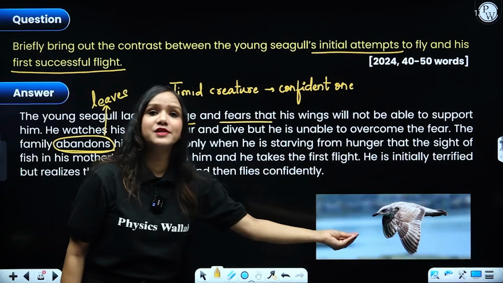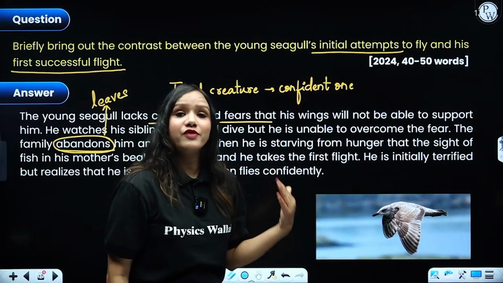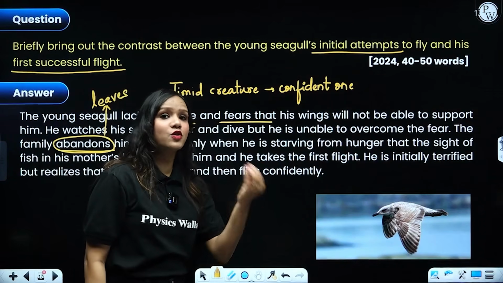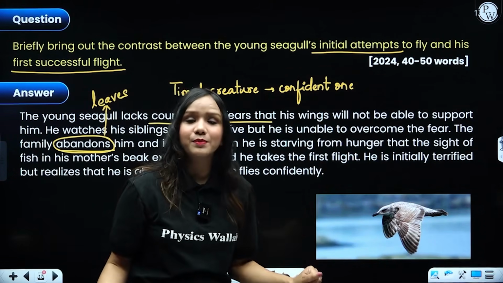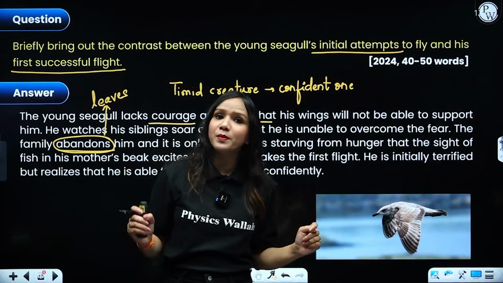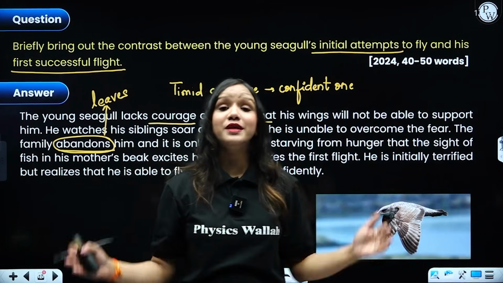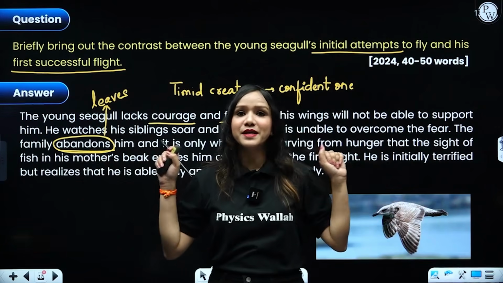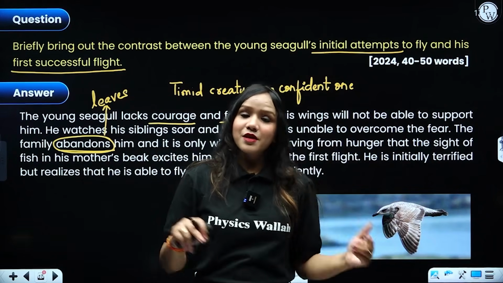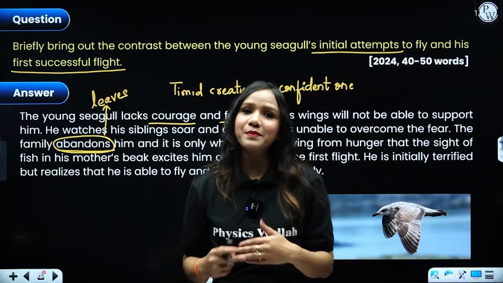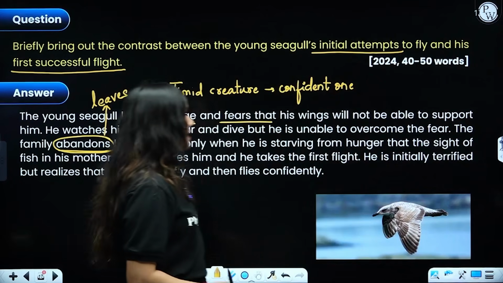He was initially terrified. I just told you this thing. When he came closer to his mother, when he caught that piece of fish, he was terrified. But this terror-stricken moment only lasted just for a minute. And immediately when he got to know that he got successful, he started flapping his wings, and he flew outwards and downwards and began to soar higher in the sky, right?